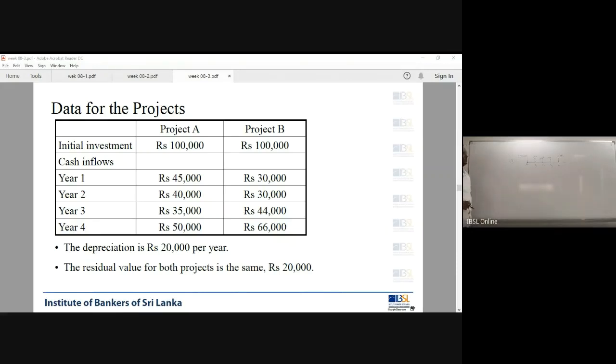So what we have to work out is how long we take to recover this 100,000. That is the initial investment. So you have 100,000 negative at Y0. At the end of Y1, you have earned 45,000 cash flow.